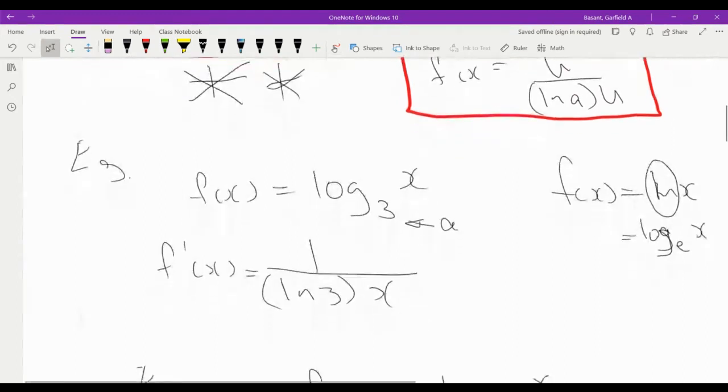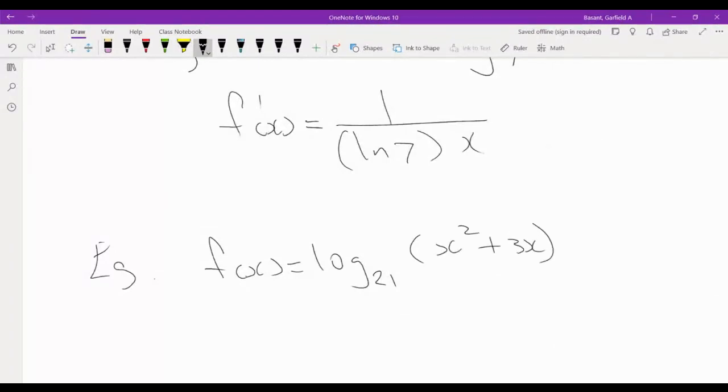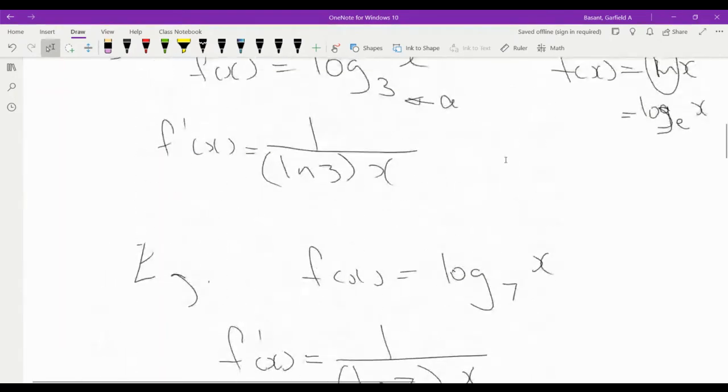All right. Let's make this a little more challenging. What do you think? f of x is equal to log base 21 of x squared plus 3x. So which rule are we using?